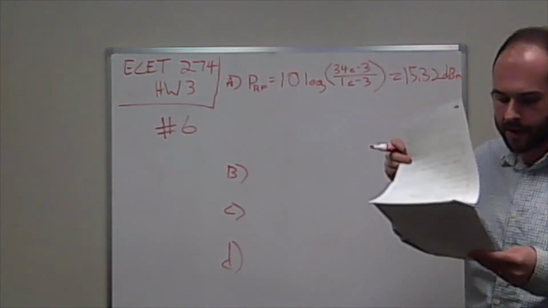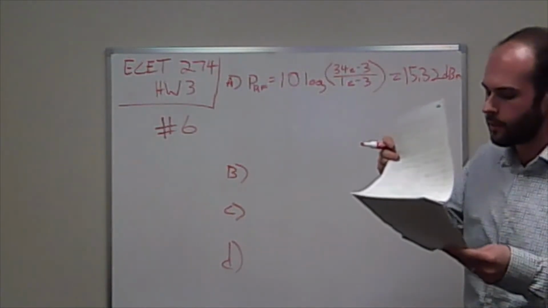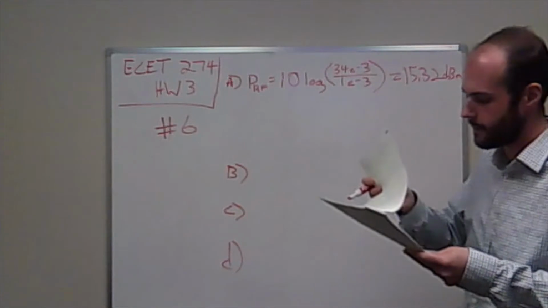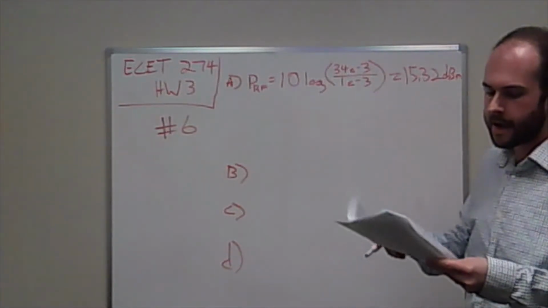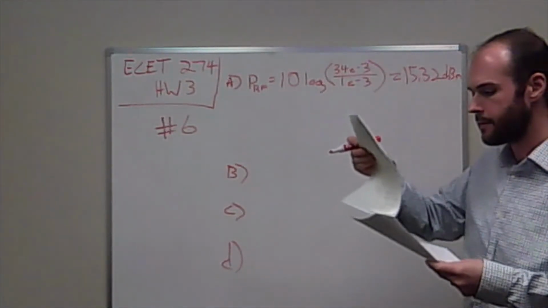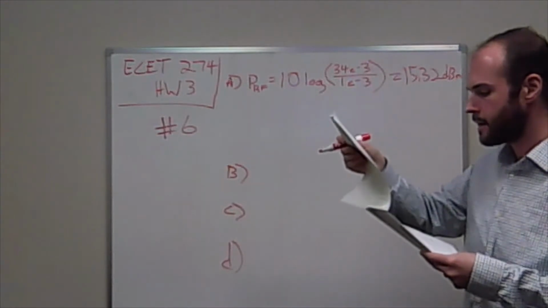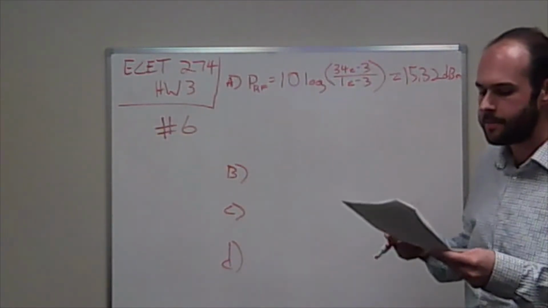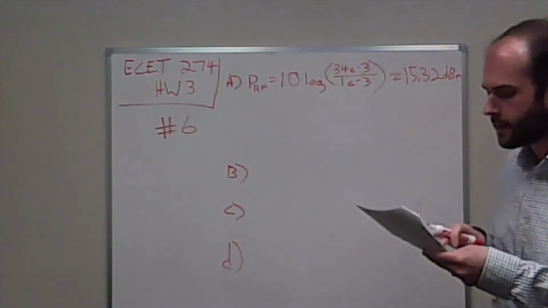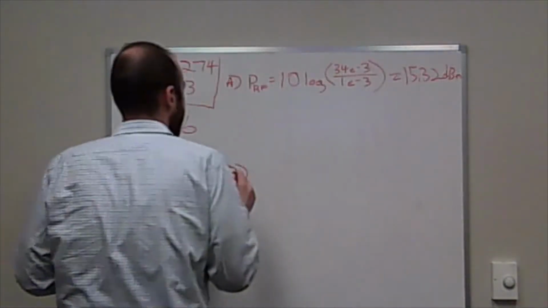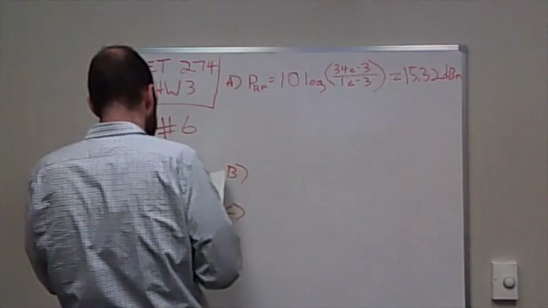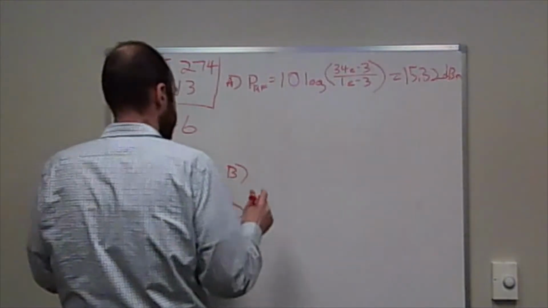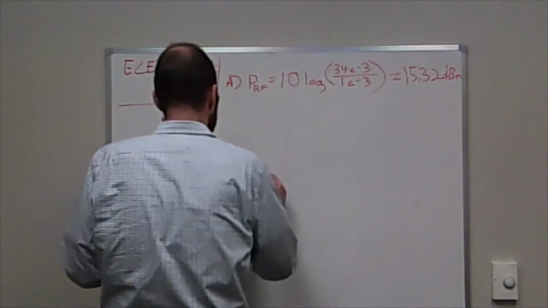For B, the mixer's output power in watts. So we're given the output as for 6, sorry I was reading 5 there, determine the mixer's output in watts. So the output's given as 5 dBm. We need to convert that 5 dBm to the watts domain, and we do that just by using the same equation as last time.